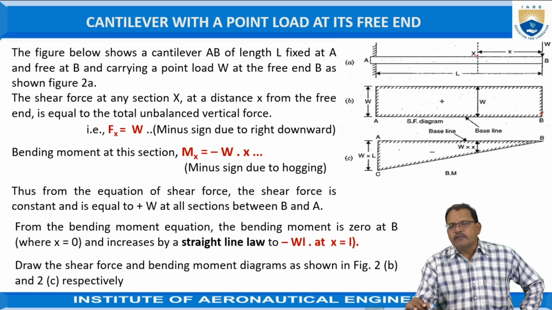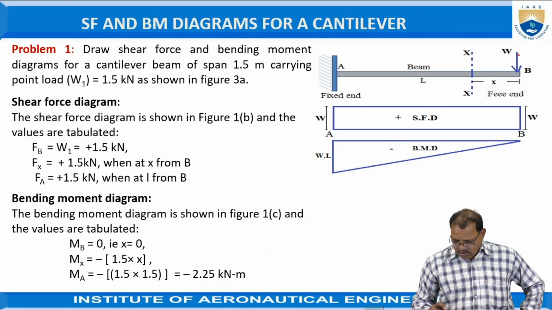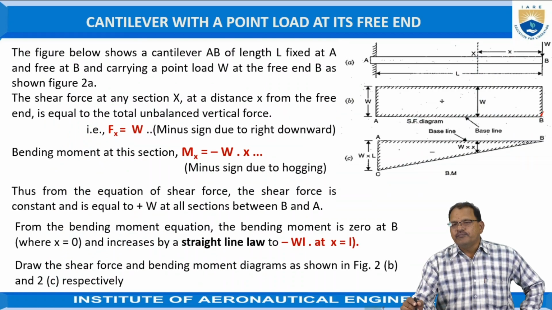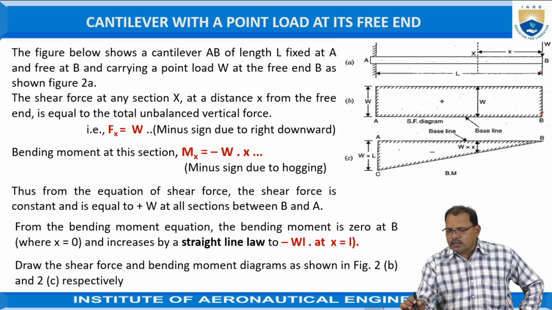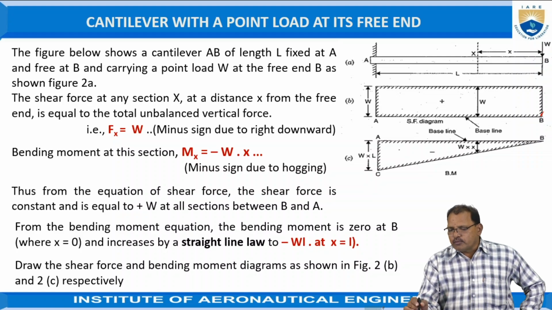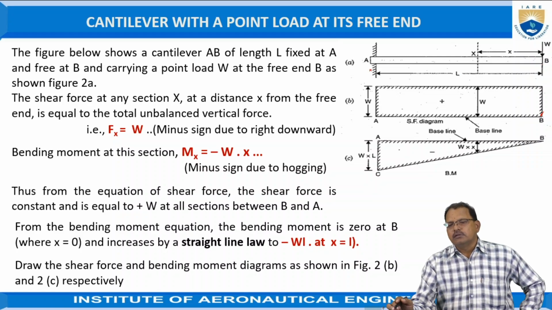But at a distance of x, we have to consider the unbalanced force from the left or right hand portion of the beam. When we are considering the right hand side portion, the unbalanced force is only W, acting in the downward direction, hence it is treated as positive. As we move from B to A, the unbalanced force acting on the beam remains constant at W.